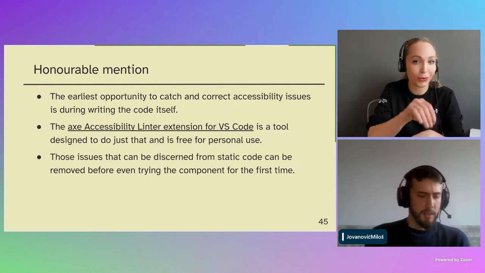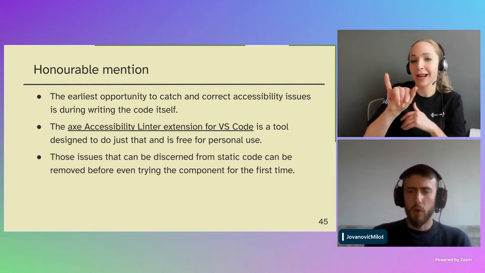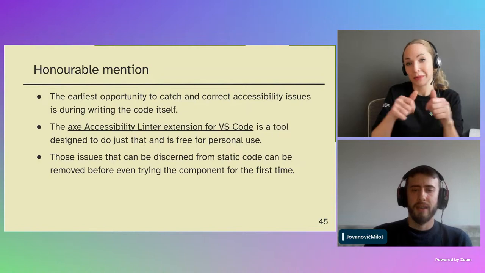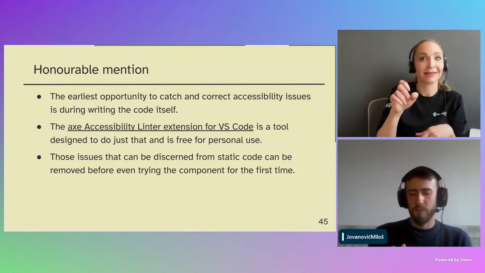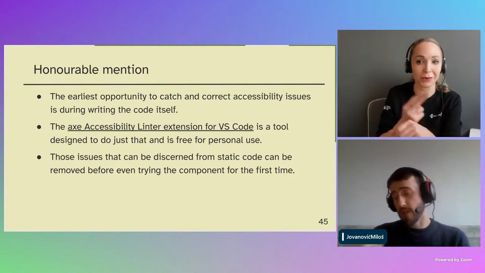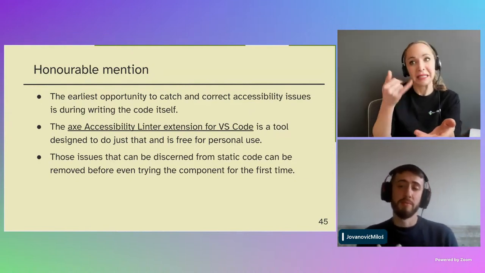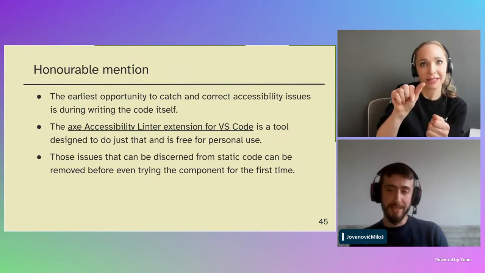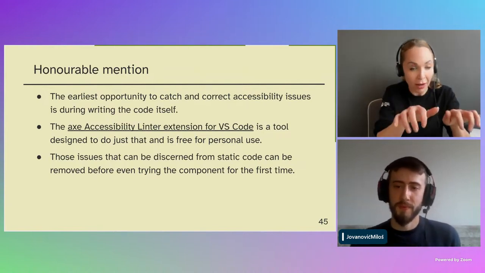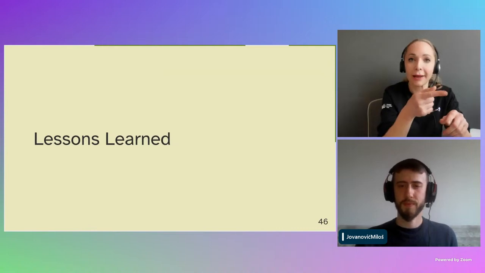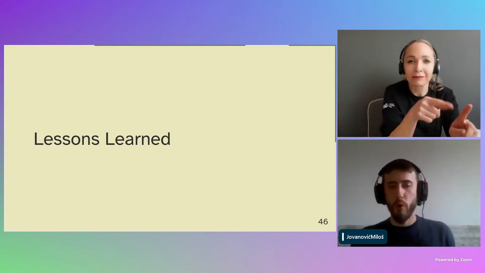It is free to use as a VS Code extension, as far as I know, and it is something that can discern those issues that can be discovered from the static code and highlight them at the moment of writing that code itself.